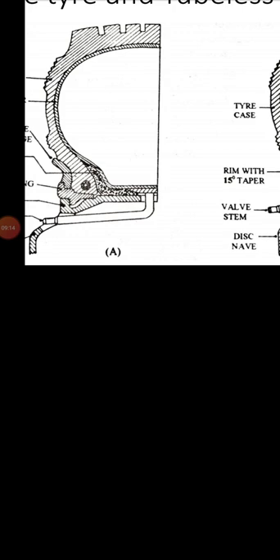That type of rim is used for commercial vehicles, and for passenger vehicles, vans, the 5 degree seat angle wheelbase rim is used.